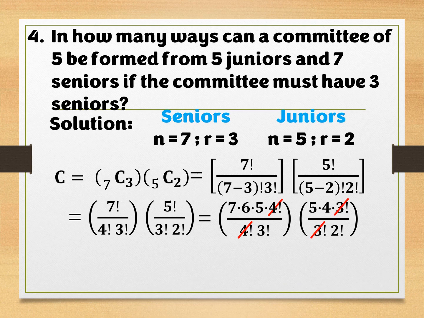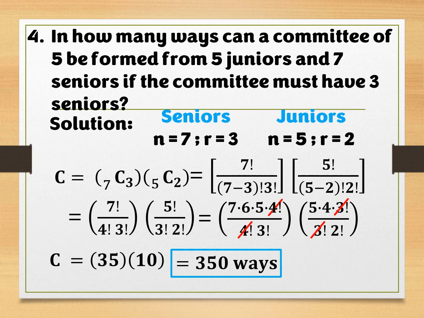Next is we're going to determine the product of 7 times 6 times 5, and we will divide it by 3 factorial. So we have 35. And the product of 5 times 4 and then divide it by 2 factorial, the answer is 10. So 35 times 10 is equal to 350. So here the answer is 350 ways.